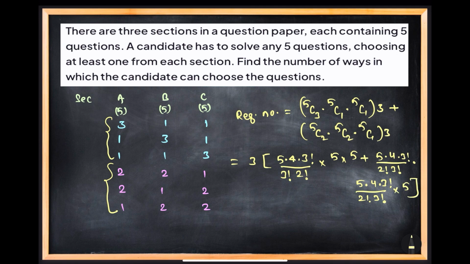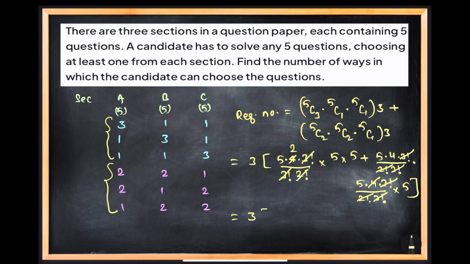Now let's simplify things. So 3 factorial gone, 3 factorial and 3 factorial gone, 2 factorial becomes 2 and it will neutralize the 4. Let's simplify again, 3 factorial gone, 2 factorial, this will be neutralized.